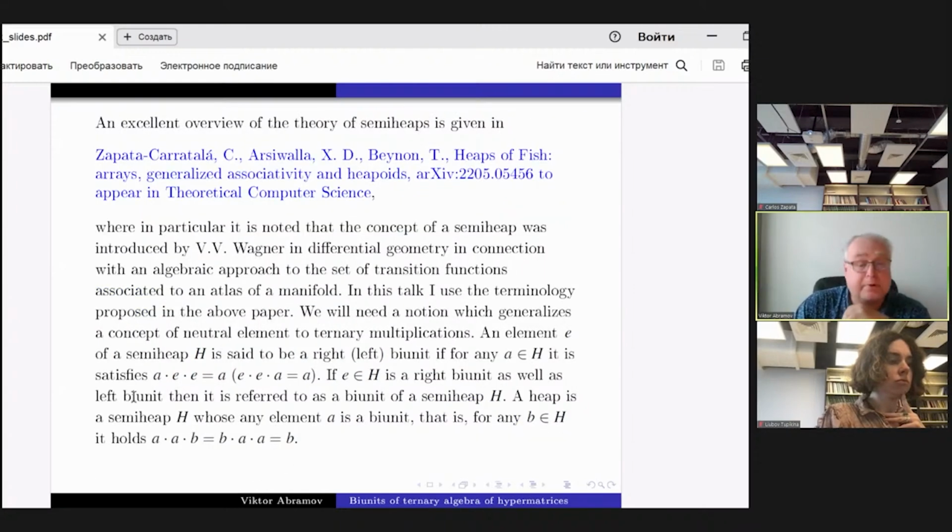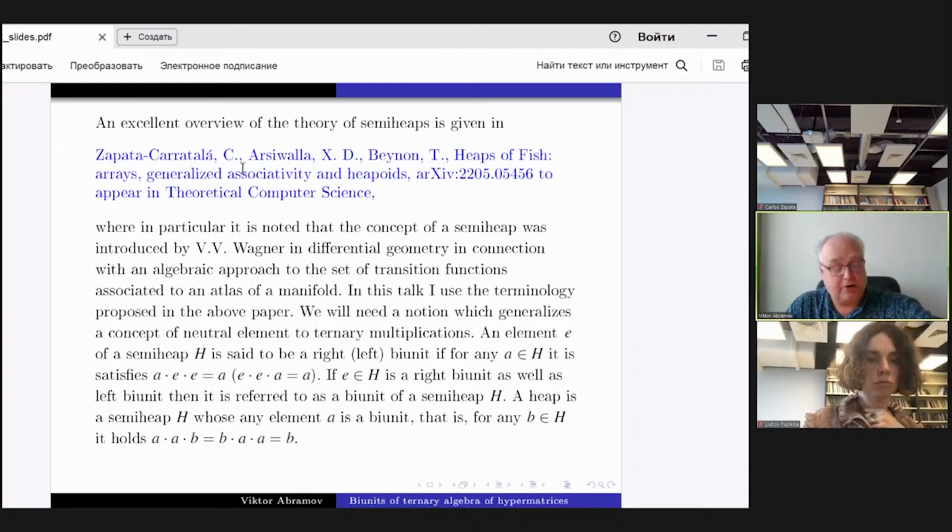So I mentioned this paper. The date of this paper is written here. There you can find an excellent overview of the theory of semi-heaps.